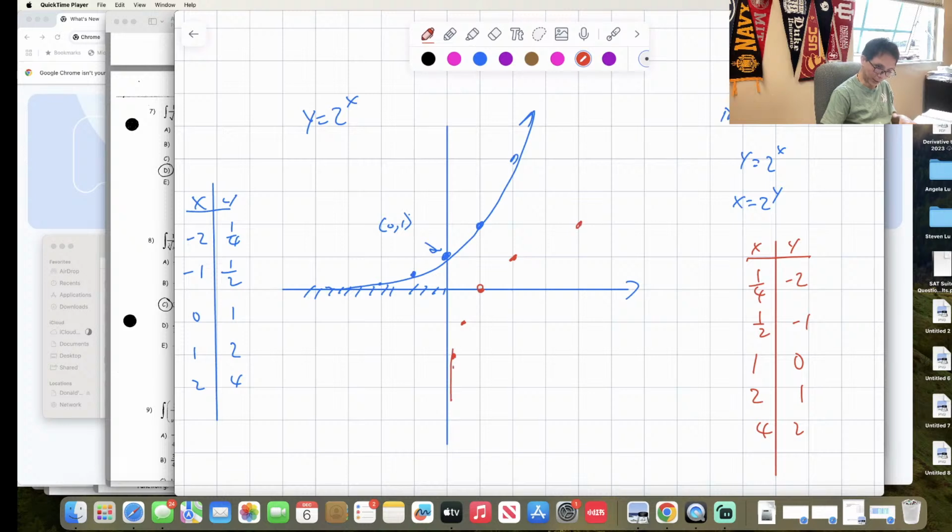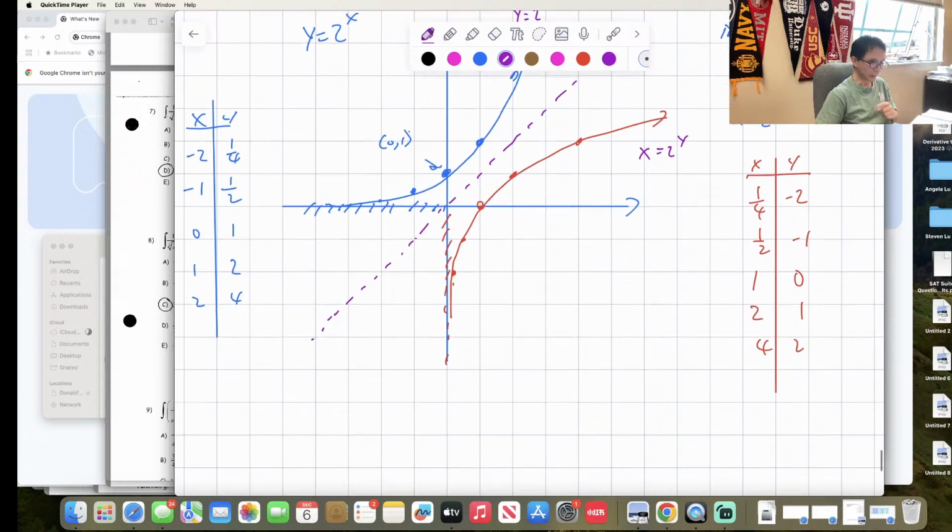Now, you realize the red line has an asymptote here, and they also have inverse ideas. So this one is y equal to 2 to the x. This one is x equal to 2 to the y.